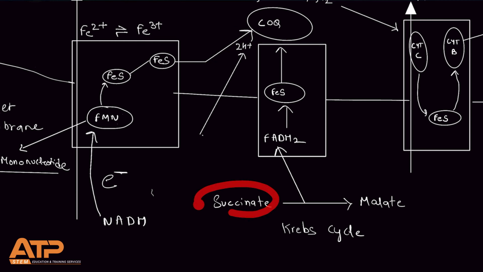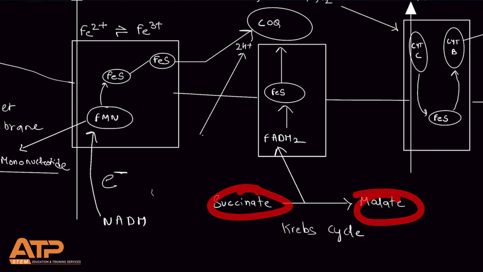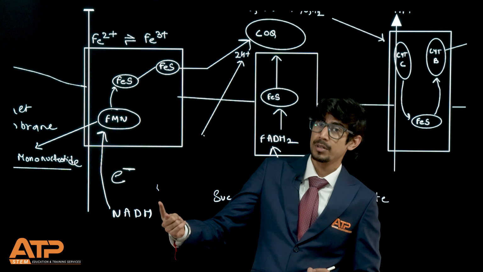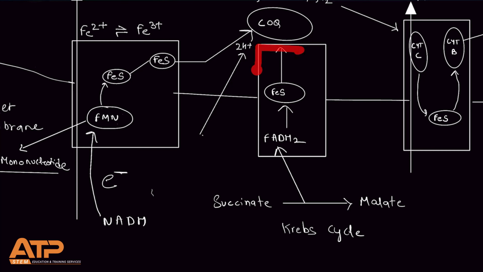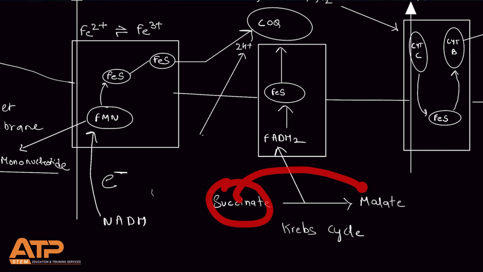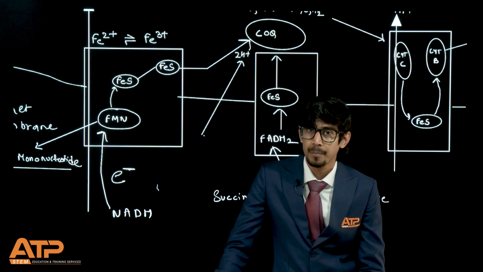From this reaction. If you remember, it took place in the Krebs cycle where FADH2 was getting produced, and I told you at that time that this reaction is linked to complex 2 of the electron transport system. And see here how it is linked. This complex 2 basically helps in succinate getting converted to malate.